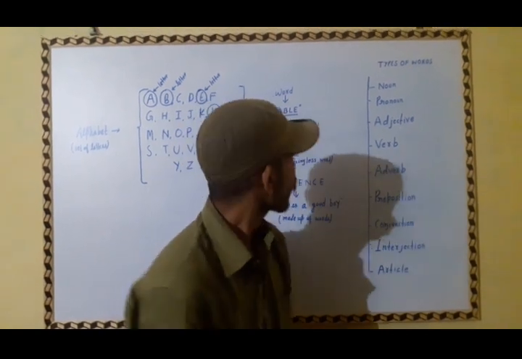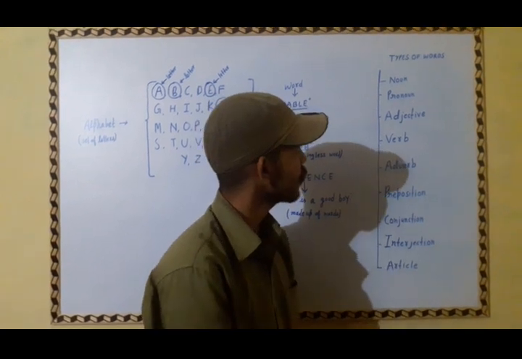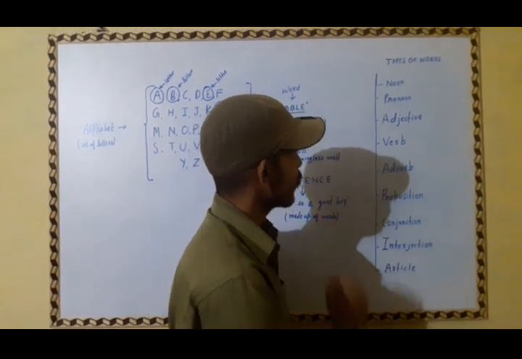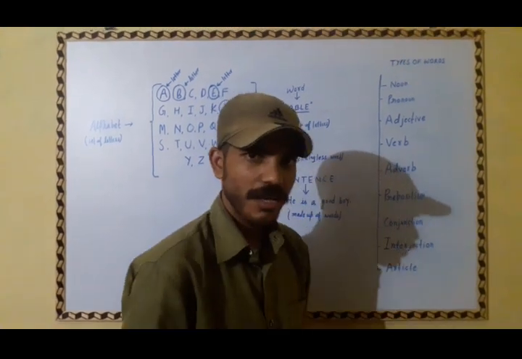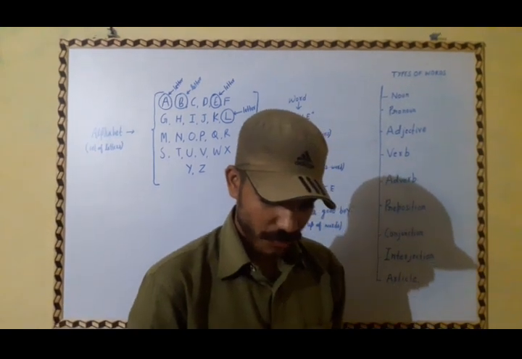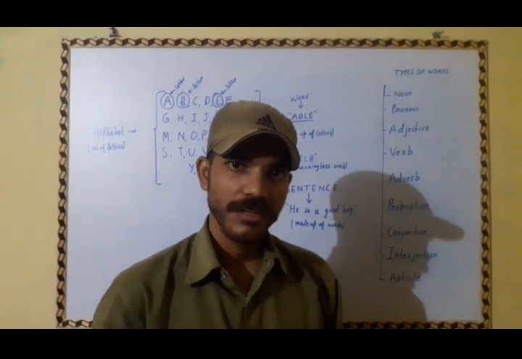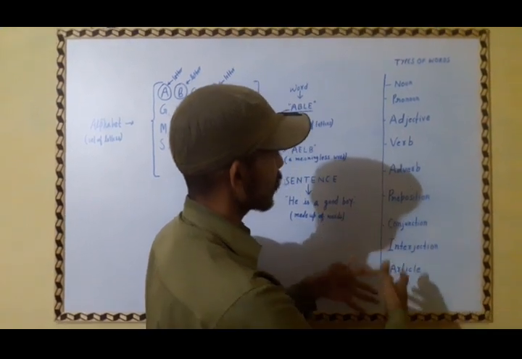So the first part of speech is noun. The second one is pronoun, the third one is adjective, and the fourth one is verb, then adverb, preposition, conjunction, interjection, article. Don't do anything else. Just master these types of words.